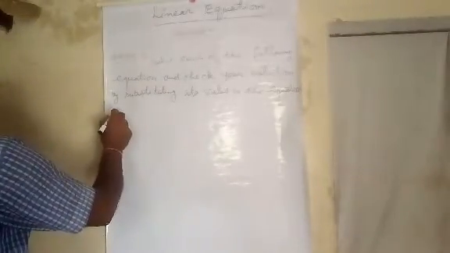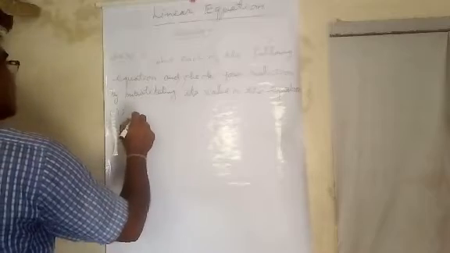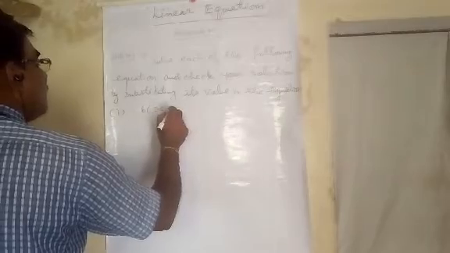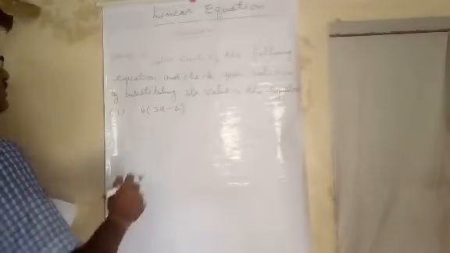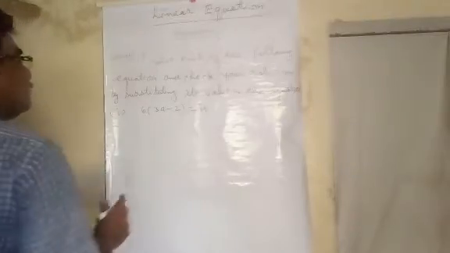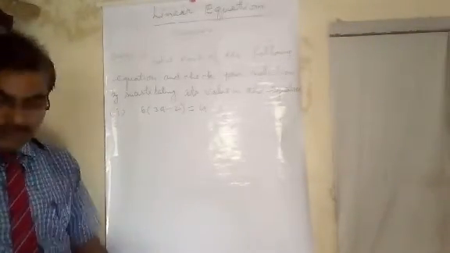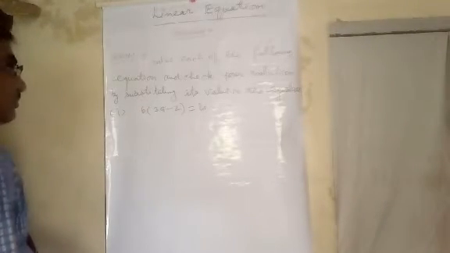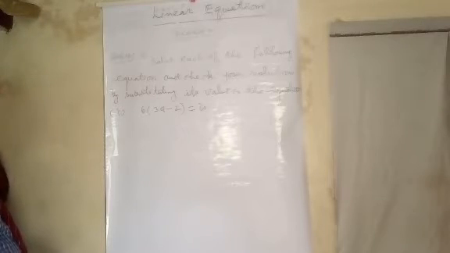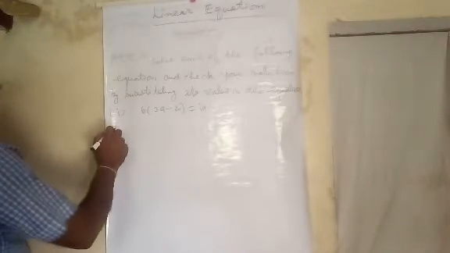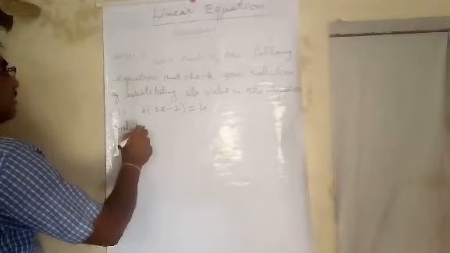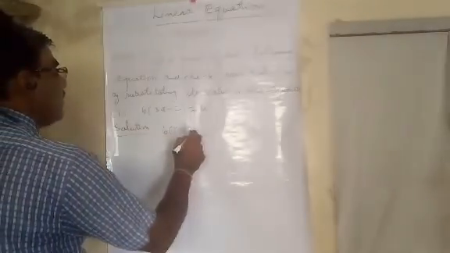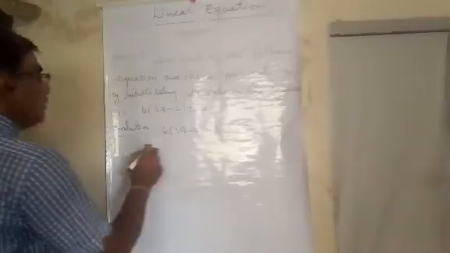Question number 1 is 6(3a minus 2) equal 4. Now, how to solve this linear equation by the simultaneous method? Solution: 6(3a minus 2) equal 4.